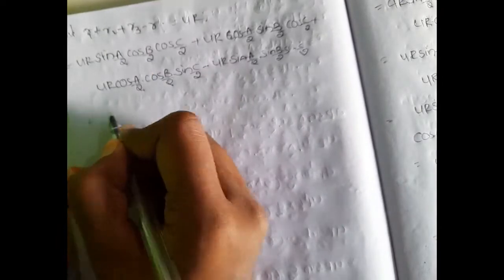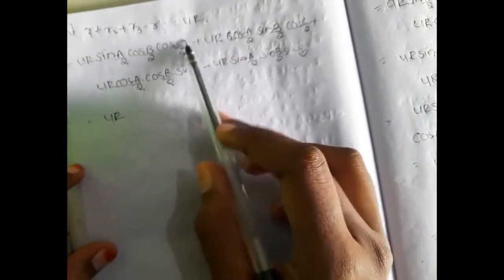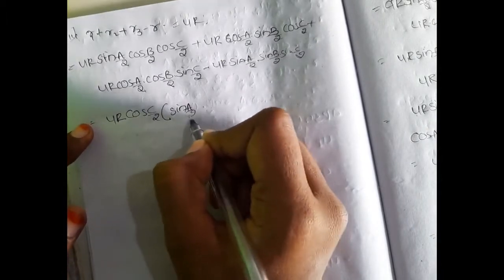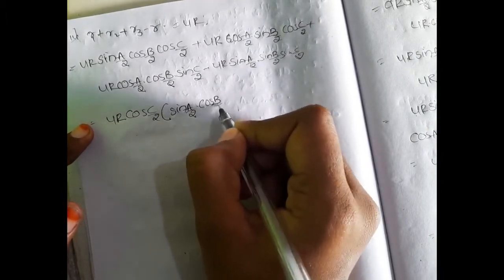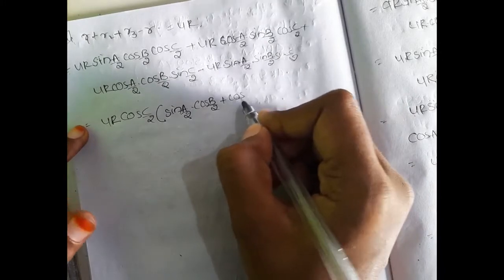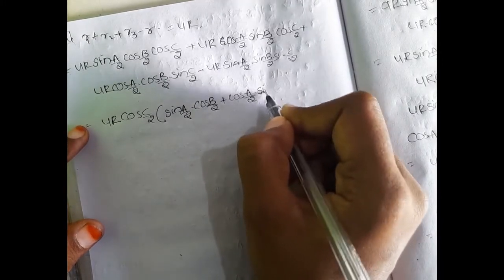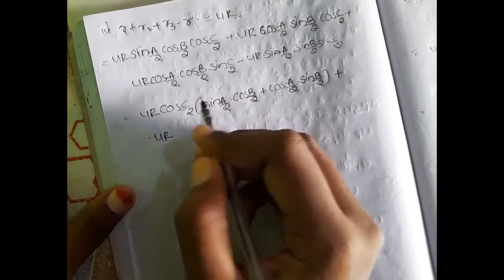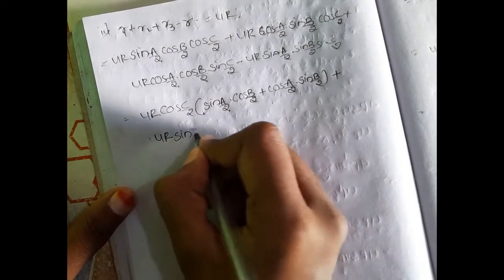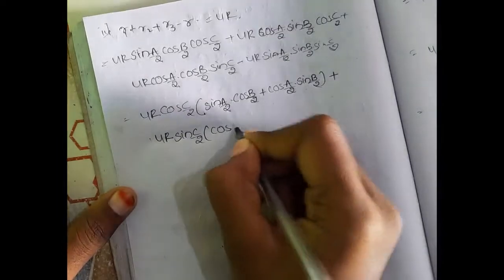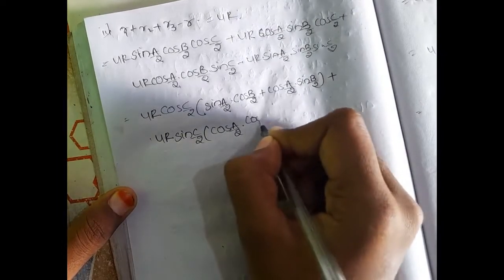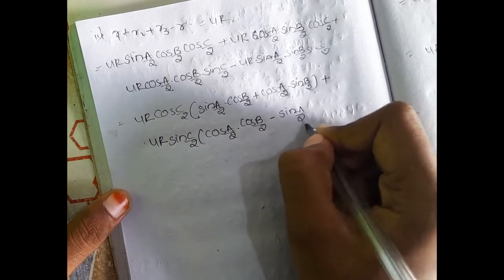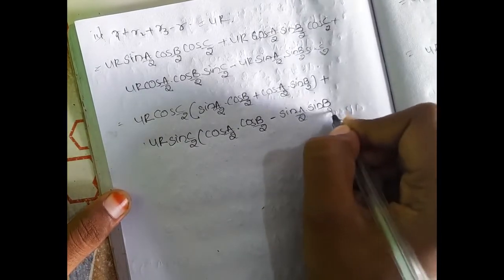So taking 4R cos(C/2) as common: sin(A/2) cos(B/2) + cos(A/2) sin(B/2). Now taking 4R sin(C/2): cos(A/2) cos(B/2) − sin(A/2) sin(B/2).